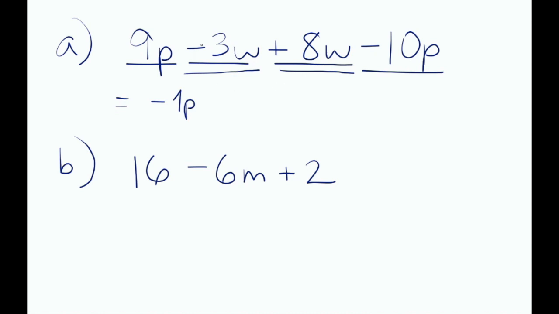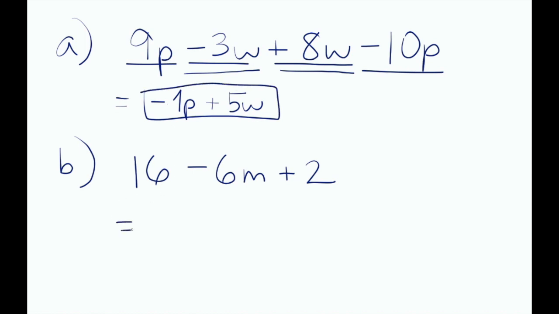And then I'm going to have negative 3w plus 8w, which brings me to positive 5w. If you end up with a positive number, that tells you that you should be using a plus between those. If you end up with a negative number, that tells you that you should have a minus between these two terms. So this is as far as I can go with this expression.